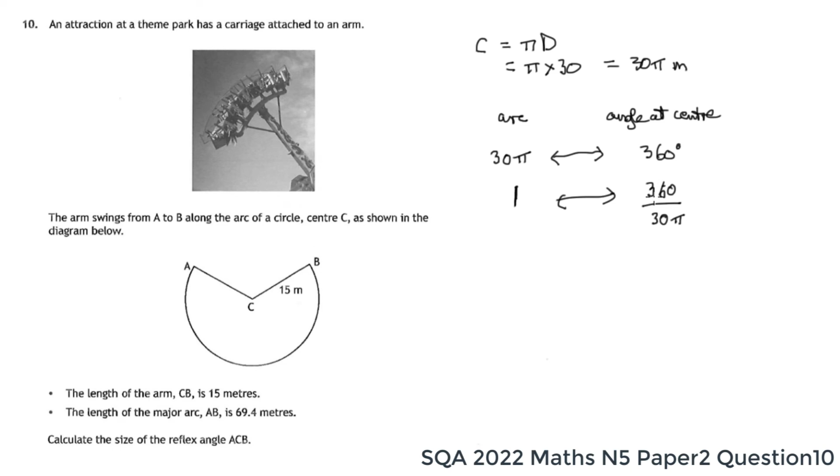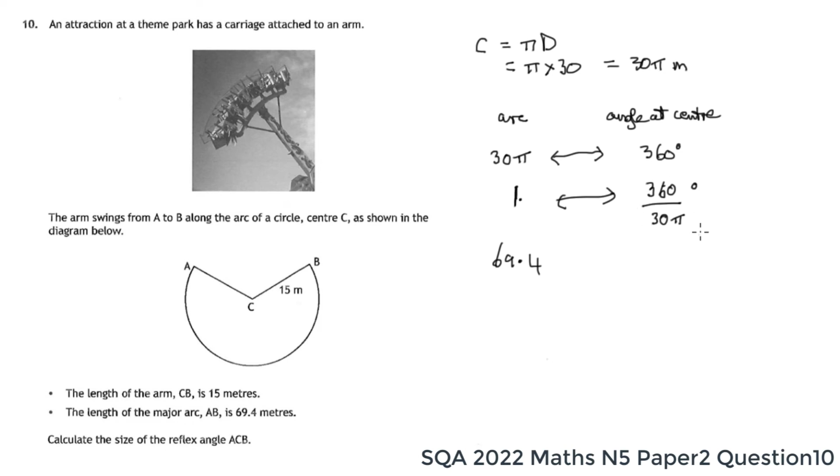And that'll give us the angle at the centre, in degrees, that goes with an arc length of 1 metre. Now it's not 1 metre we're after, it's 69.4 metres. If we had wanted the angle at the centre that goes with a 2 metre arc, we'd double this. A 3 metre arc would multiply it by 3. It's a 69.4 metre arc, so we'll multiply this by 69.4.